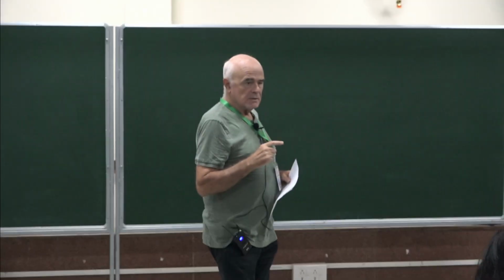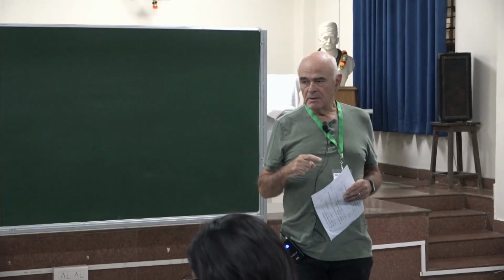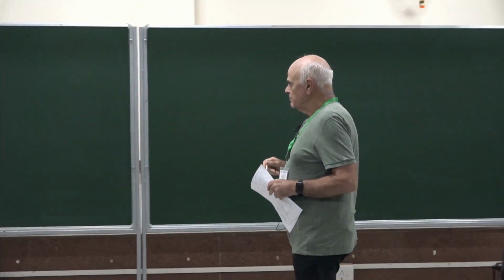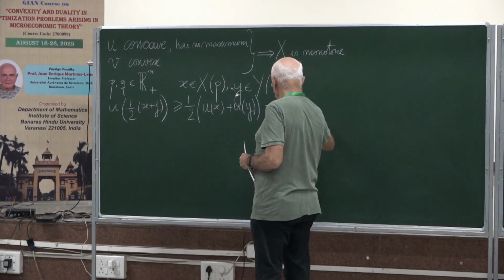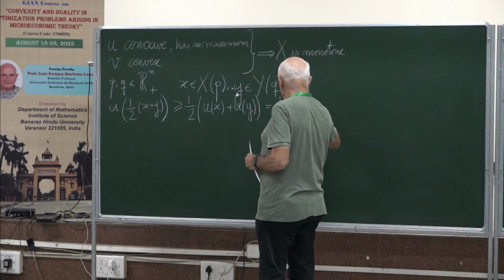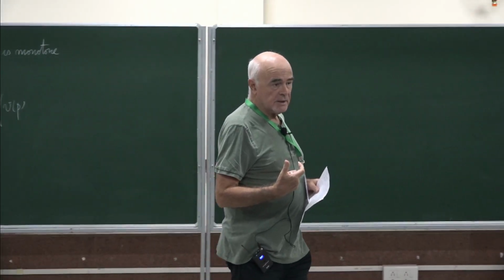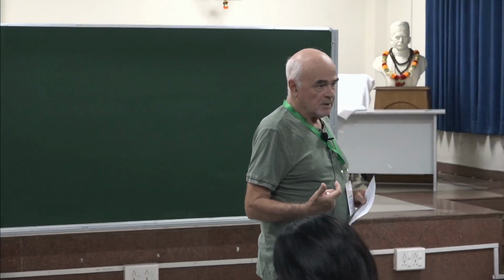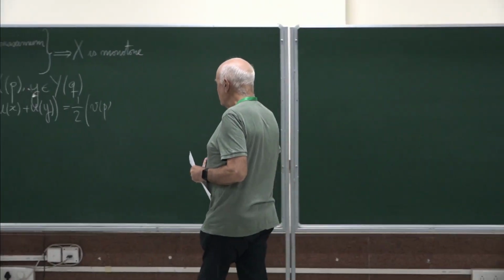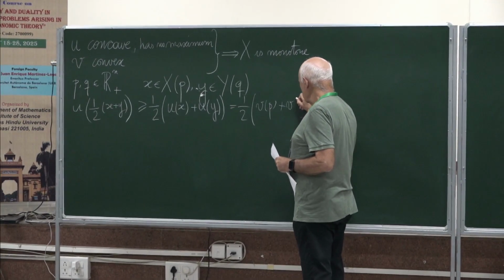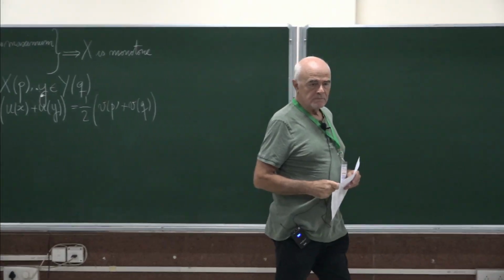But X is optimal under P and Y is optimal under Q. So U of X is equal to V of P. Okay, the objective function is the optimal value, and the optimal value is called V of P. And U of Y, for the same reason, is equal to V of Q.